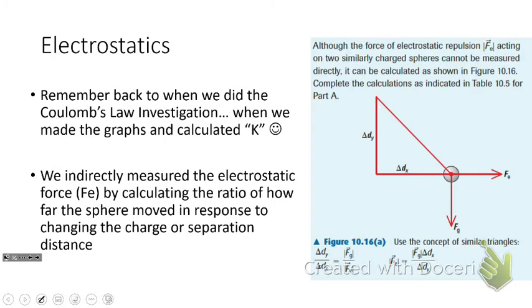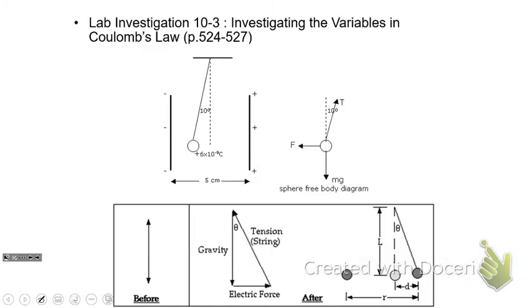And this was our image, the law of similar triangles, to help us find the electrostatic force. You are going to be given a problem similar to that, so you will need to know how to calculate your electric force from that last formula.